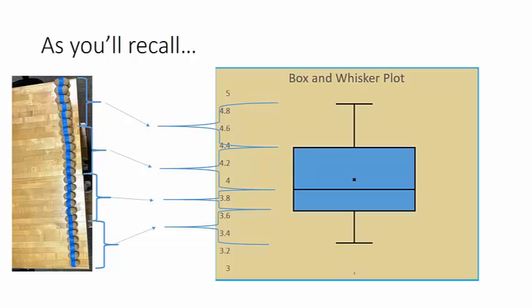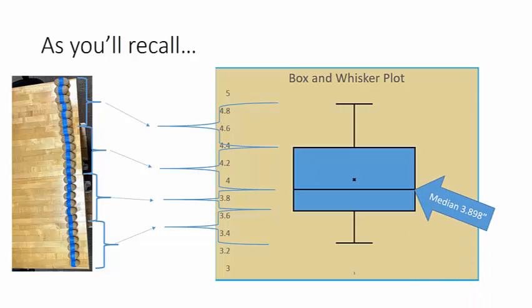So by seeing the ends of the whiskers and the top and bottom of the box, they basically show the length ranges for each of those 1/4 of our sample set, or quartile ranges is the proper statistics naming for it. So the quartile ranges are shown in the box and whisker plot.